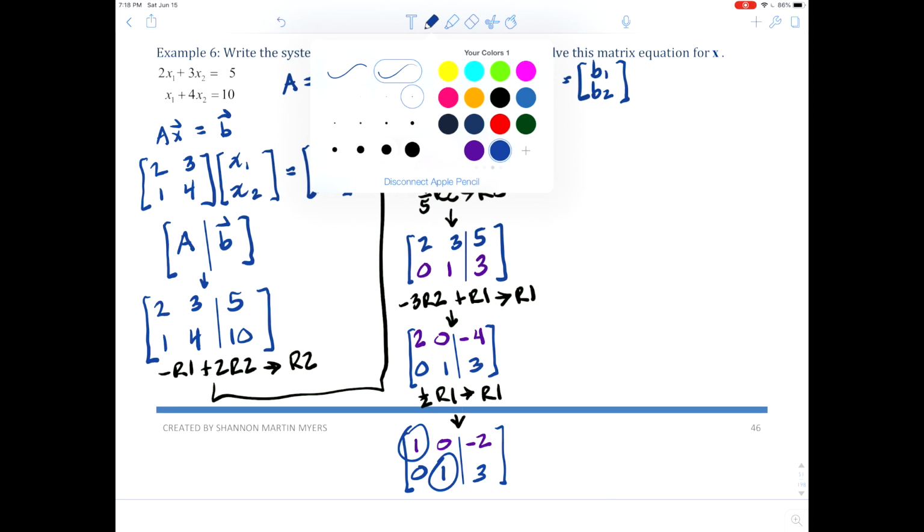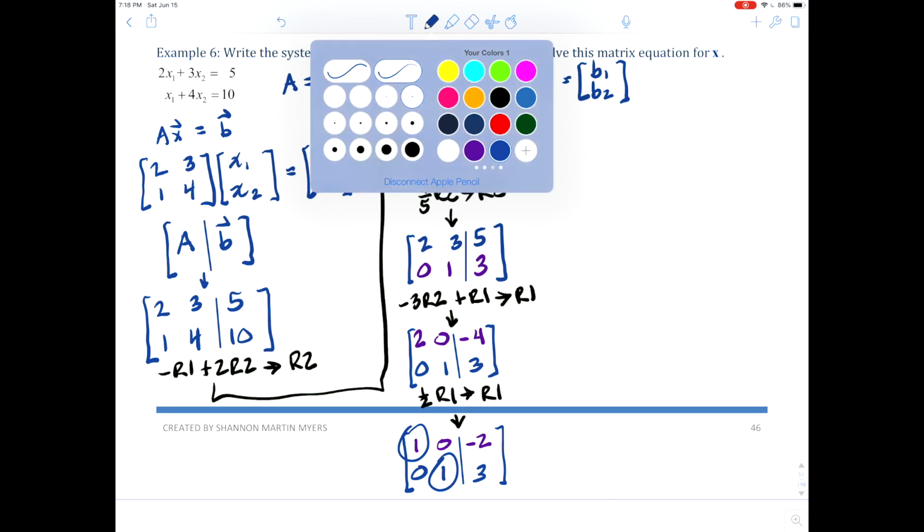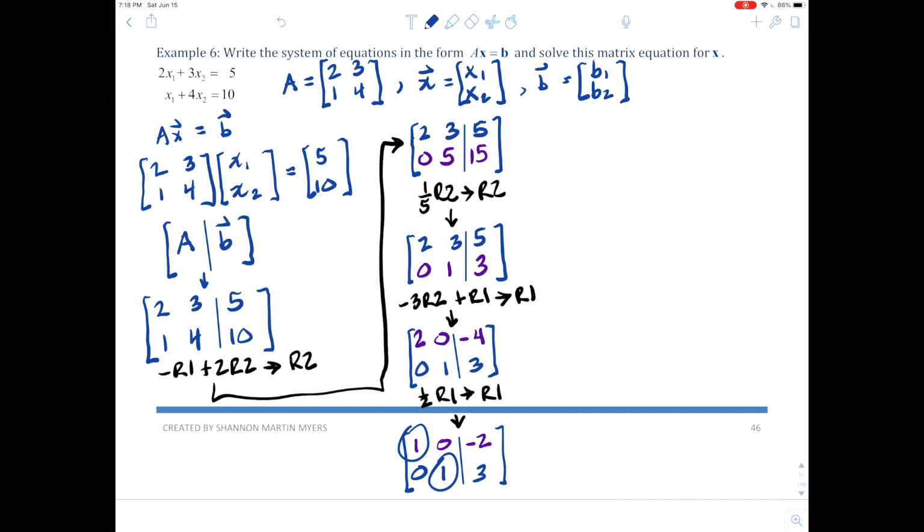All right, so now let's take this back into a system so I can show you what we found, all right? So A times X equal to B is this following system. We will have A, which was what, 2, 3, 1, 4, times the matrix of variables.